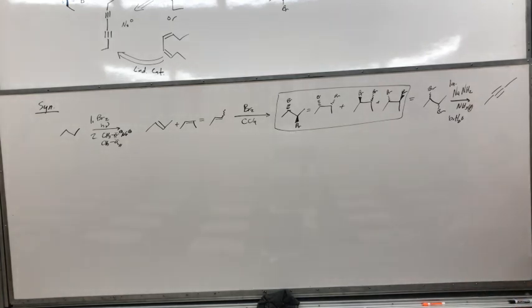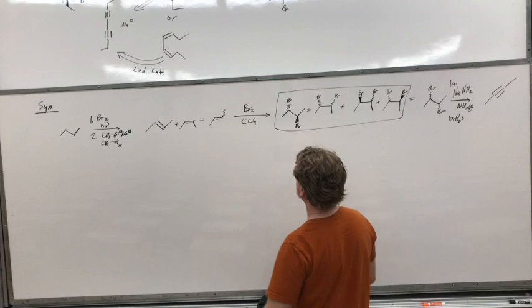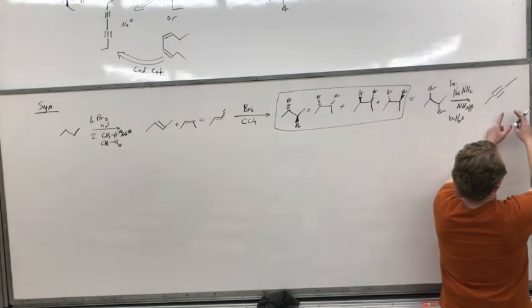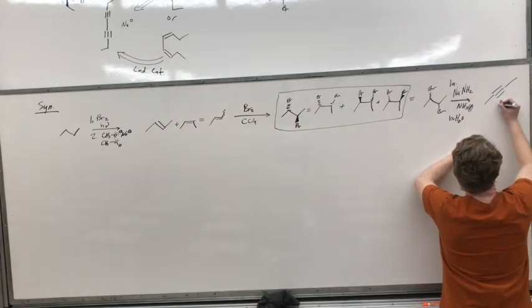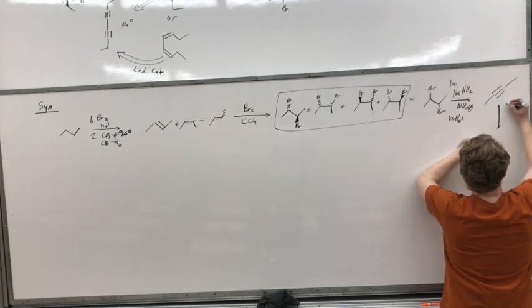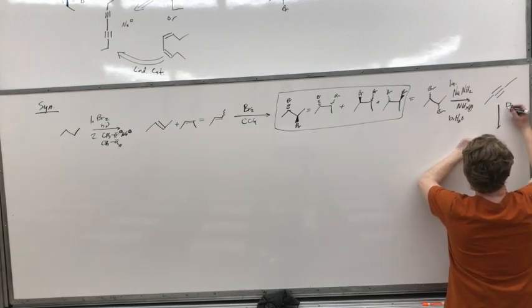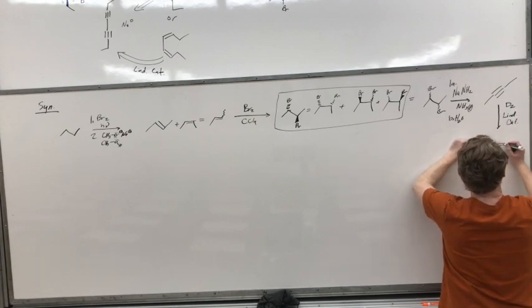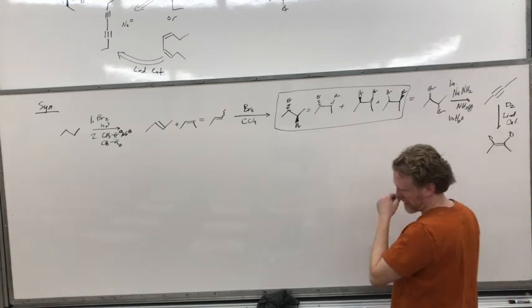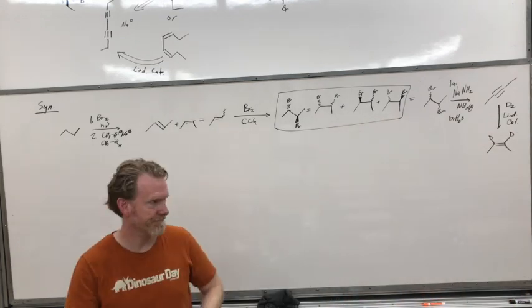Then I need to create a cis alkene with deuteriums. So I want to do a partial reduction of this, so I'll add D2 gas and Lindlar's catalyst. And there we go, I got my dienophile.